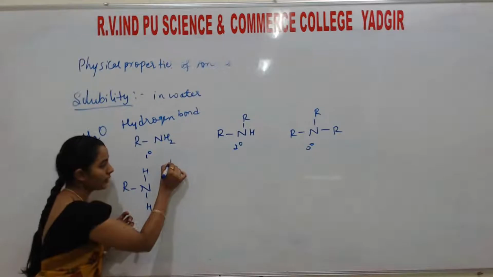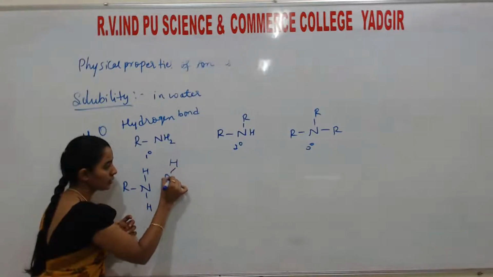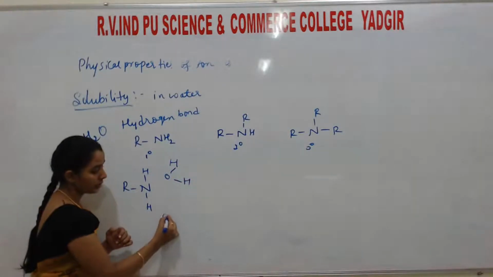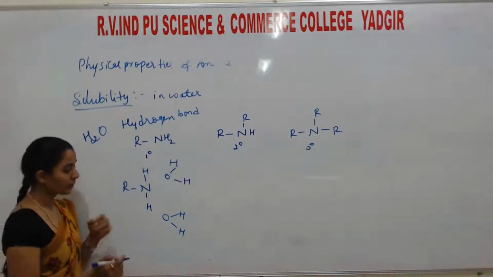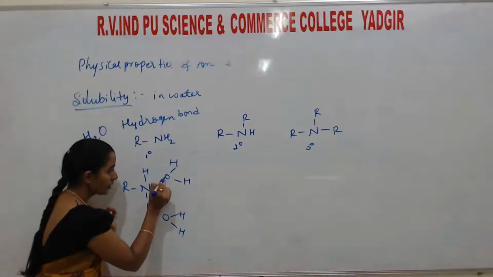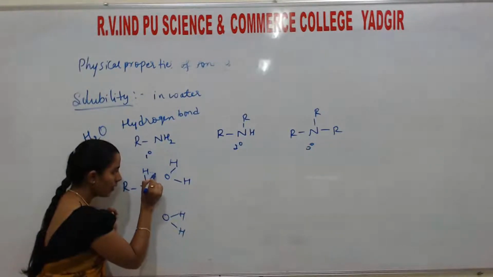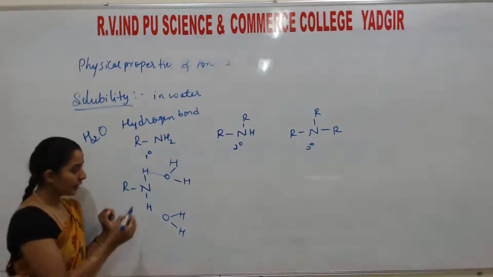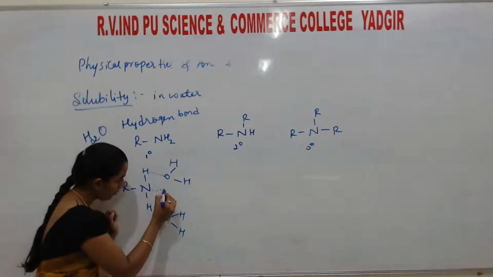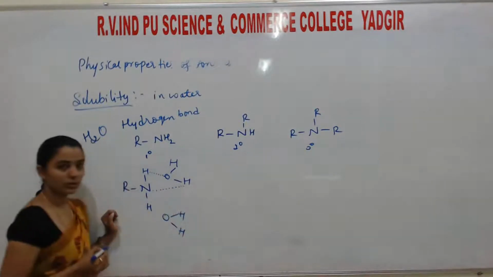The water molecule is HOH, and here is another water molecule, HOH. So what happens? This oxygen forms a bond with this hydrogen. Next, this nitrogen forms a bond with this hydrogen.